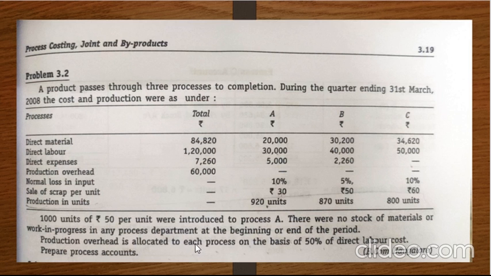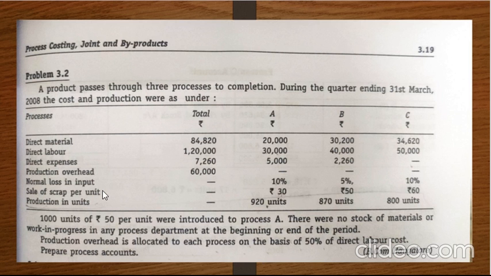Production overhead is allocated to each process on the basis of 50% of direct labor cost. So prepare the process account. Here they have asked us to prepare the process account for A, B, C, and they have given the expenses. Along with that, they have given normal loss and sale of scrap.